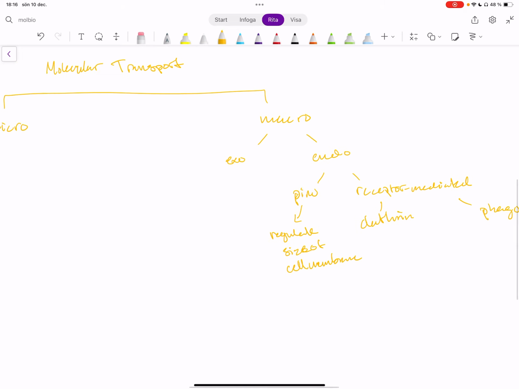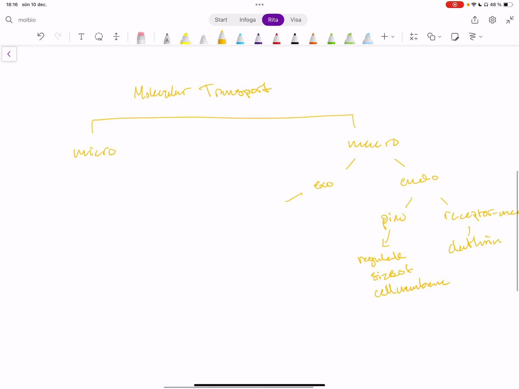And then in exocytosis, it's either regulated or constitutive, so basically non-regulated.